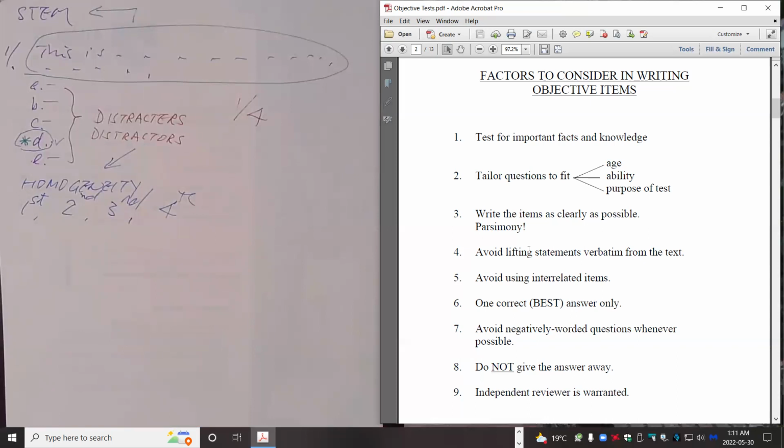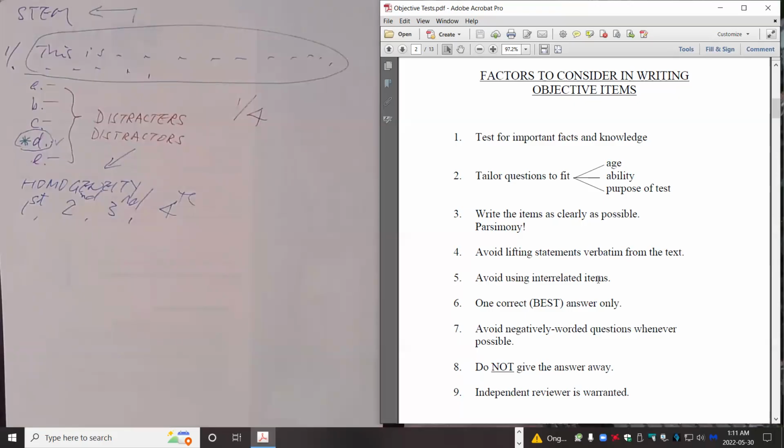Another thing is that the use of textbook language in a test encourages the student to memorize rather than to understand the subject matter. They just commit to rote memory. Right after the exam, everything is forgotten.